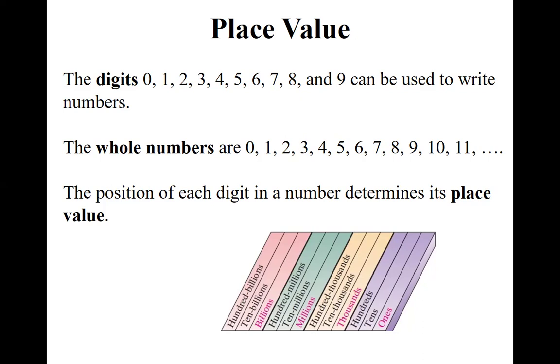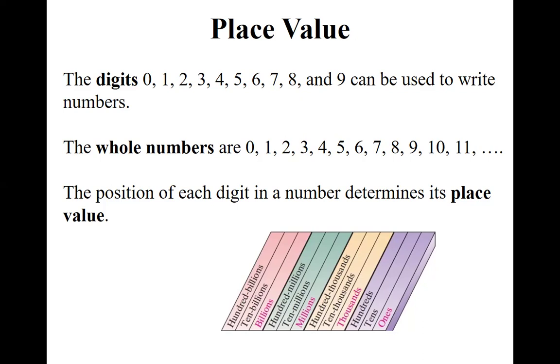The whole numbers start with 0 and go up 1, 2, 3, 4, 5, 6, 7, 8, 9, 10, 11, so on and so forth. I went up that high to differentiate the whole numbers from digits. Digits are just one single digit. Whole numbers can be multiple digits. We go up into 10, 11, go up into 100, 101, go up into 1,000, 1,001.